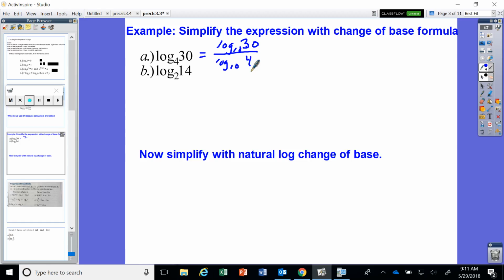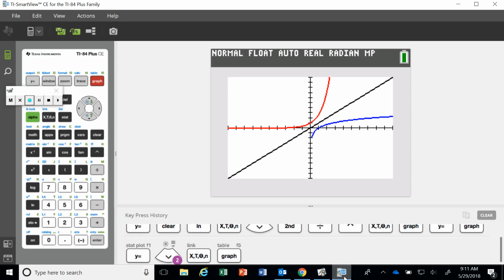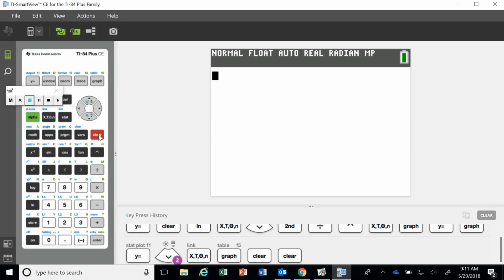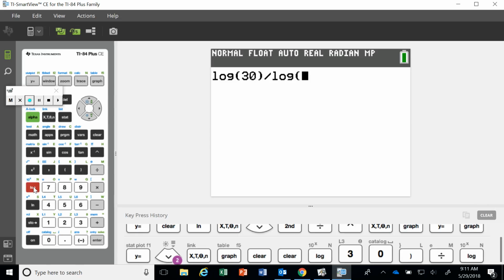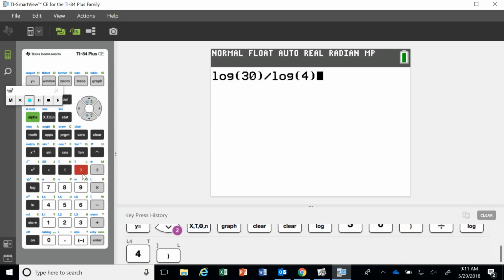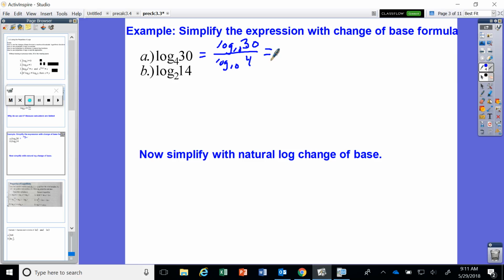In your calculators, guys, just make sure that when you're substituting these in, actually we can do it real quick. I have one up and ready to go. So we have log of 30, and we are going to divide that by log of 4. All right, and we get 2.454, or 2.453 in this case, so 2.45.